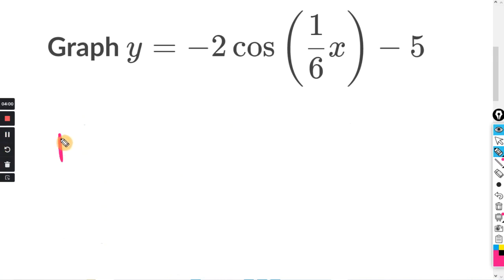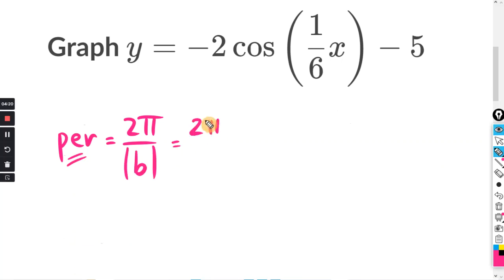All right, so the first step is to find the period. And that's going to be 2 pi divided by the absolute value of b. And the reason it's absolute value is because period is a distance, and distances are always positive. So it's going to be 2 pi, and b is the number that's multiplied by x.